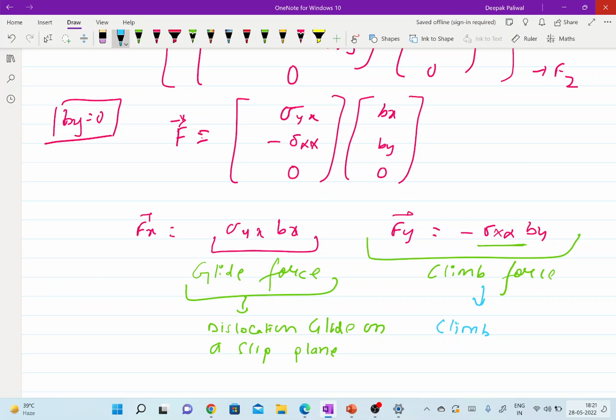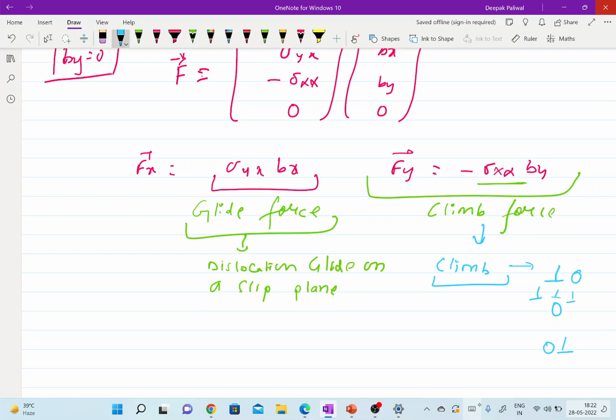So this is for the climb, whenever there is any kind of barrier in front of the edge dislocation, suppose this is the barrier, so the edge dislocation can move up, it can go beyond, it can pass the barrier, and then again it can come to its original place. So here climb up, here climb down.